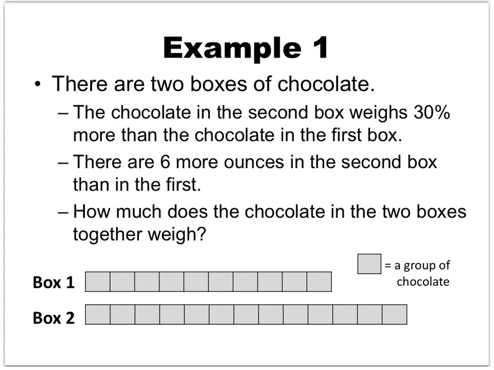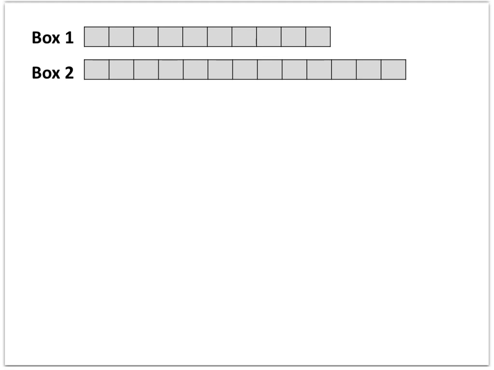Now we're told that our second box weighs 30% more than the first box. So in terms of my strip diagram, I'm going to draw a strip for box 2, which is the same length as box 1, but then I'm going to add 3 more groups to it. So we're going to add 30% more. Now let's analyze the strip diagram a little bit.